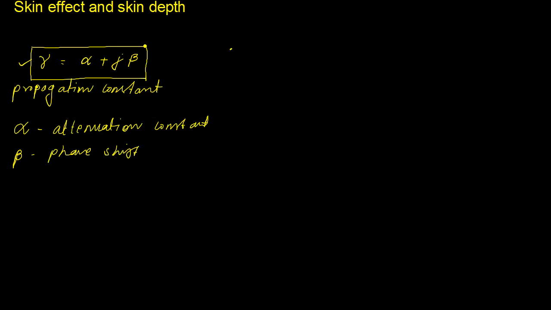Just imagine that this is a source point of an electromagnetic wave, and this is a receiving point of the electromagnetic wave. From the receiving point, if you look at the source point, the electromagnetic wave is propagating like this. If it is propagating through any conducting medium, it is constantly changing its amplitude and phase shift, as the medium will offer some opposition or resistance to the propagation of electromagnetic waves.